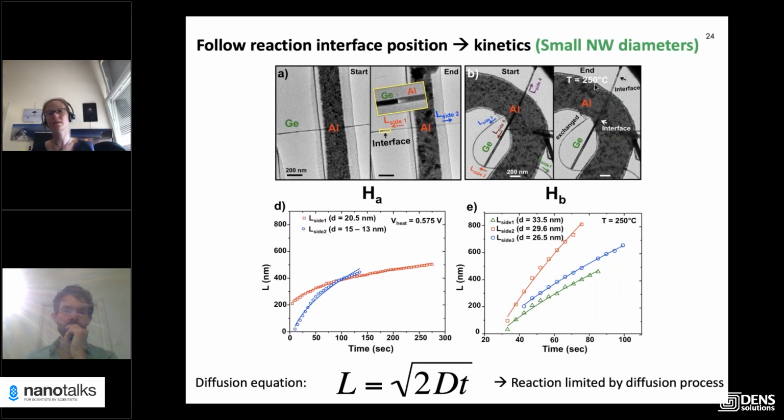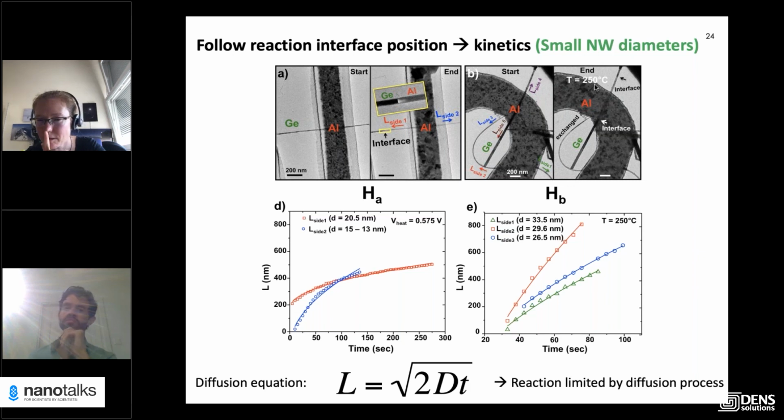Sometimes we also saw that it would not start and then would go to much higher temperatures. And then if it starts, the behavior is different, the interface advances in huge steps. So this was about the temperature.